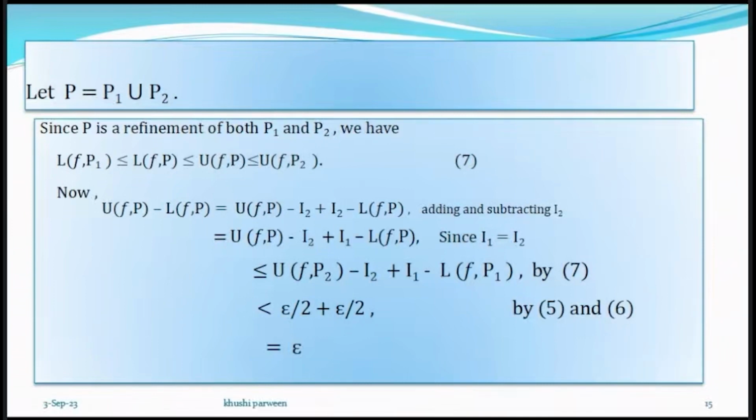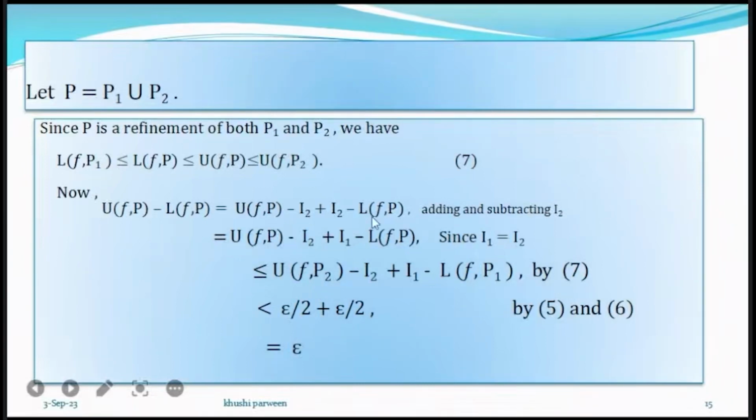Now, the contribution to the oscillatory sum, that is the upper Darboux sum minus the lower Darboux sum, is equal to the upper Darboux sum minus I2 plus I2 minus the lower Darboux sum. Here I am adding and subtracting I2.